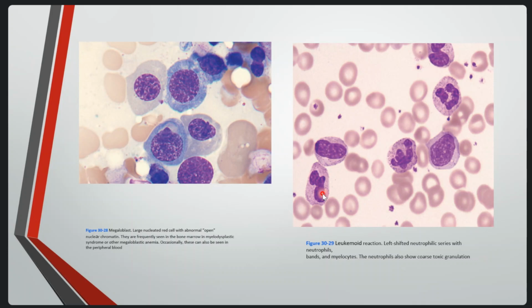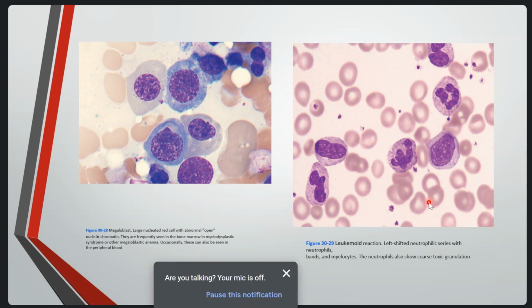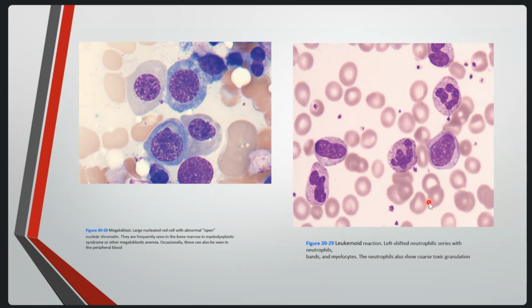I think you will have another lecture for the maturation series of our RBCs and WBCs. This can be associated mostly with infections, in comparison to leukemias and other myeloproliferative disorders.